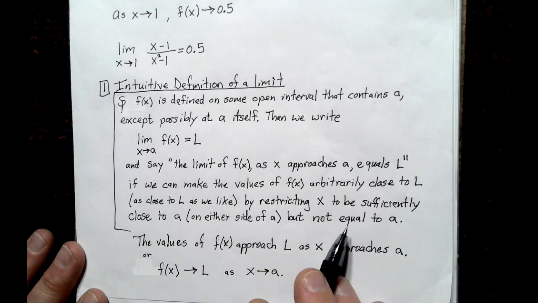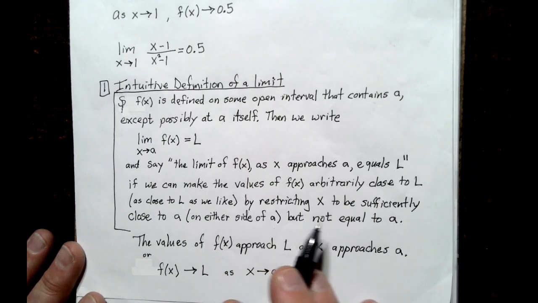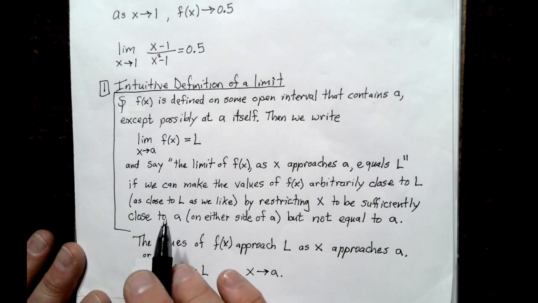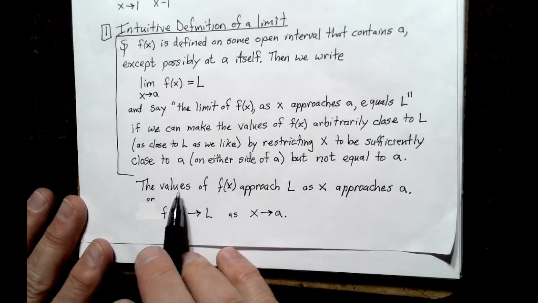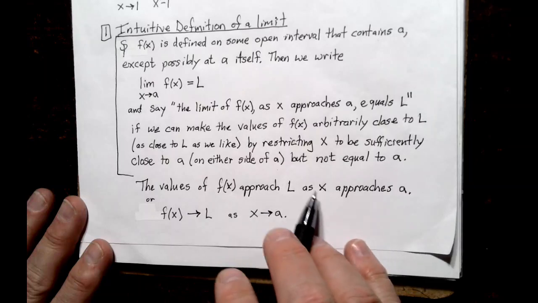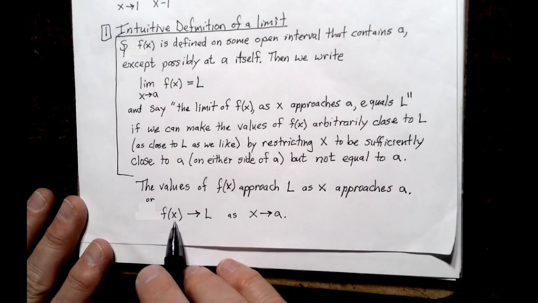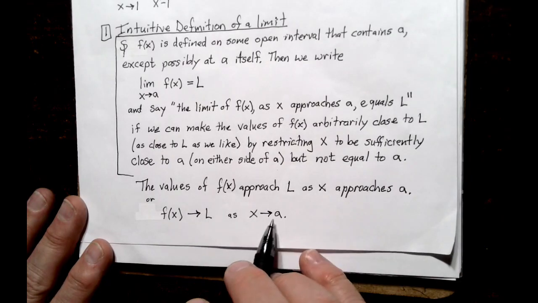We do not care what actually happens at a. We just care that as we approach from the left and right, we approach the same number. So the value of f approaches L as x approaches a.